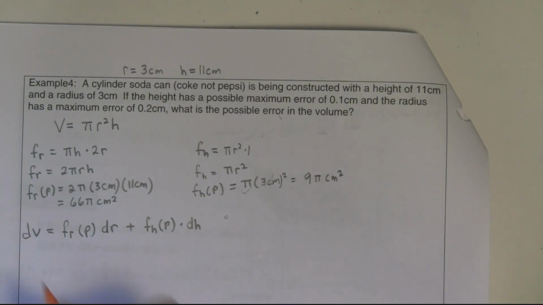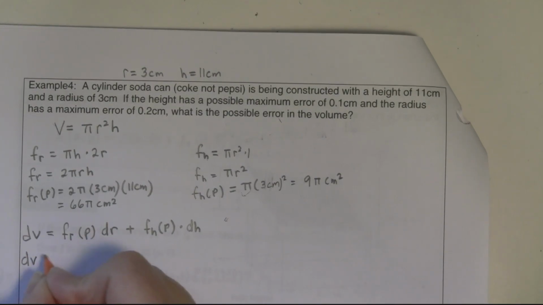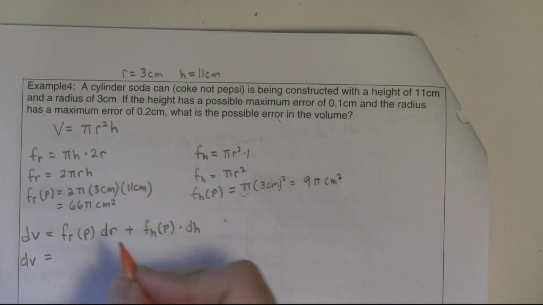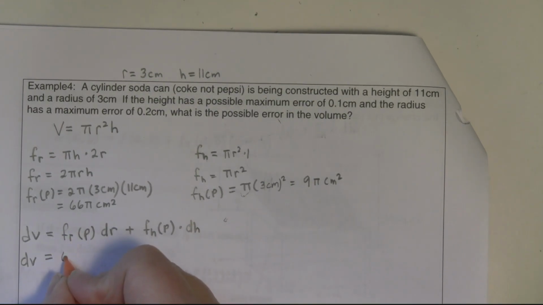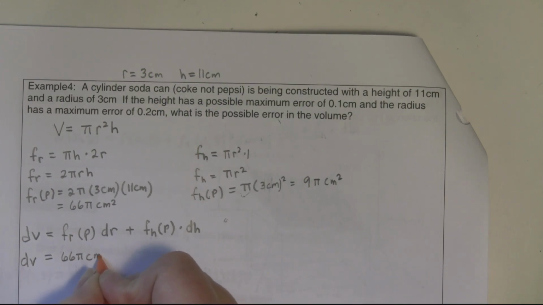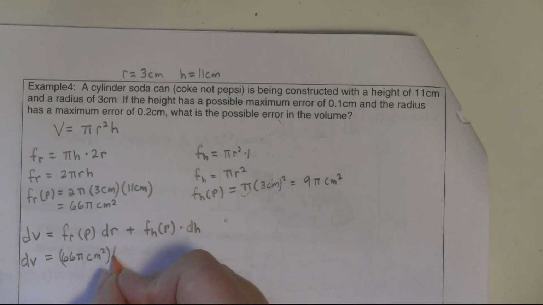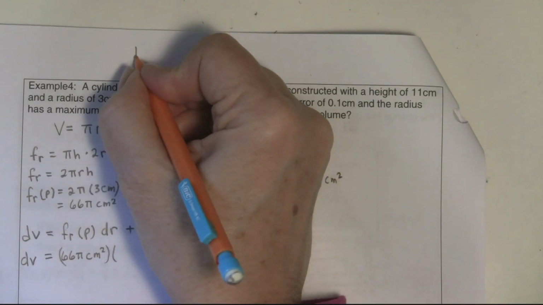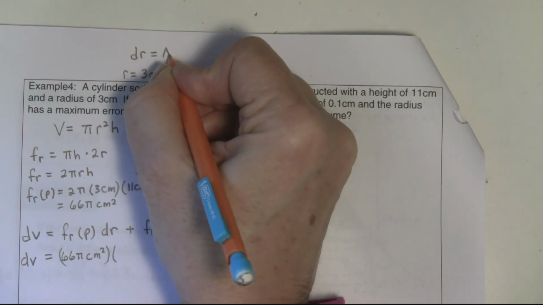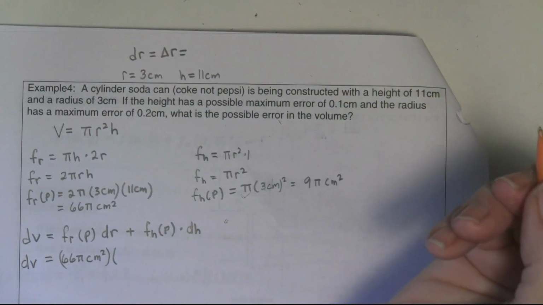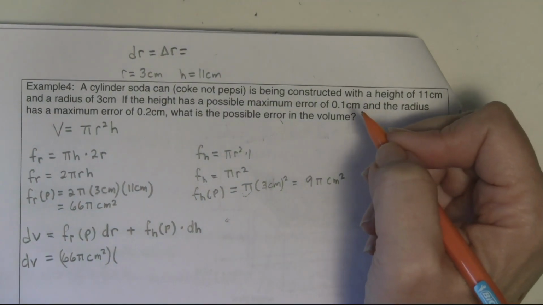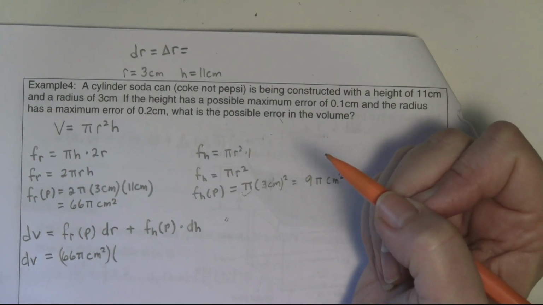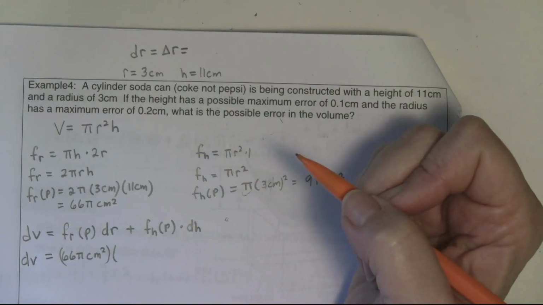Okay, so now the estimated change in my volume is going to be right here, 66 pi centimeters squared times dr, which is the same as delta r, the maximum possible error in my radius.